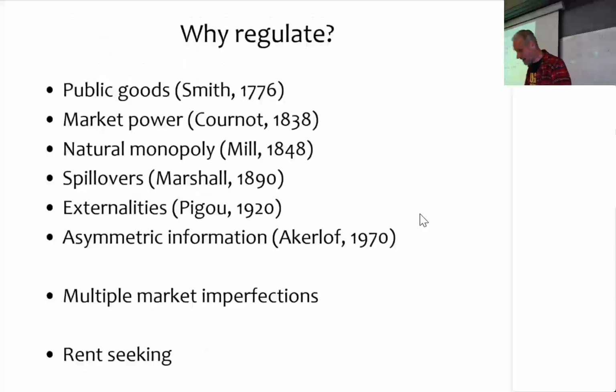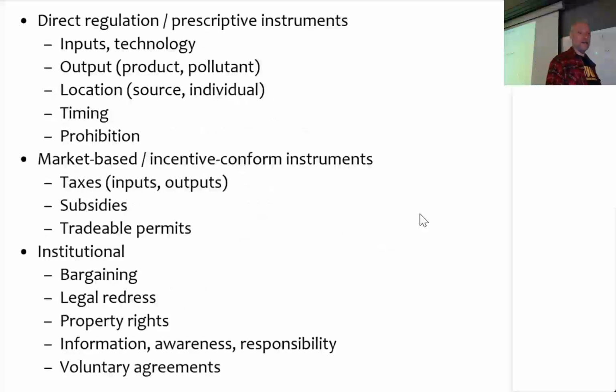So going back to the externalities and the public goods, and particularly externalities, what can a government do to counter these things? And the government can do a lot of things.